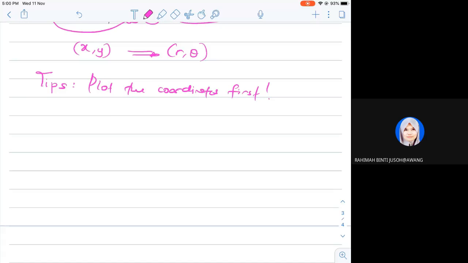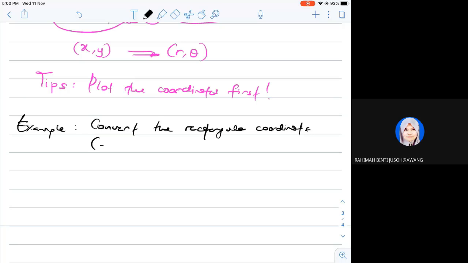For example, convert the rectangular coordinate, let's say negative 4, negative 7, to the polar coordinate.